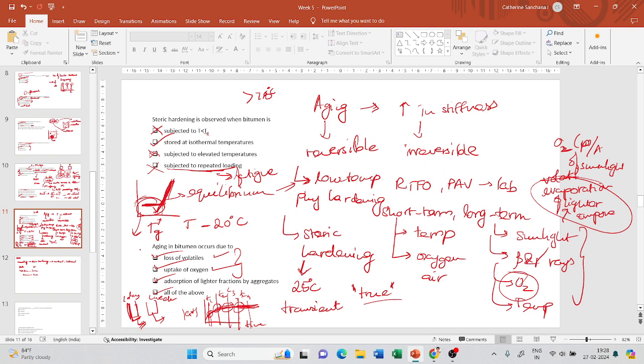But this RTFO aging and PAV aging of binder, we try mostly to focus on loss of volatiles and uptake of oxygen, or the oxidation process. Okay, that is why we supply it with air and heat. So when you heat the bitumen, it is expected to lose volatiles, and when you supply oxygen to it, it is expected to undergo oxidation, both of which are results of aging. Correct?